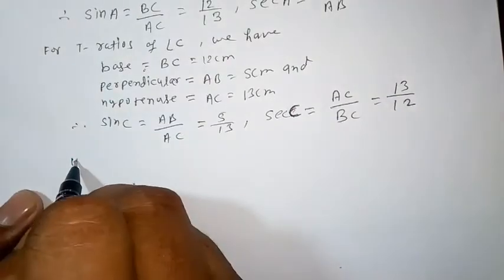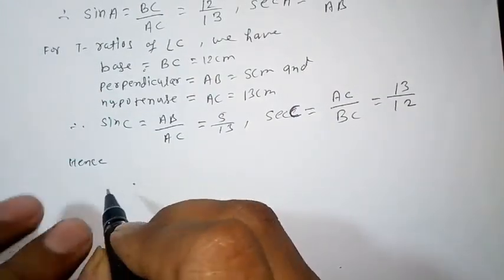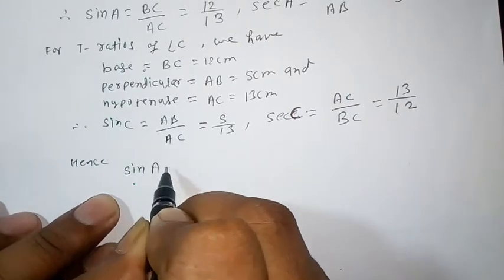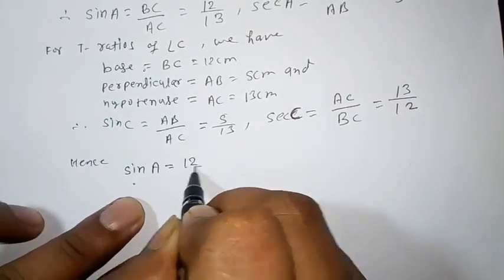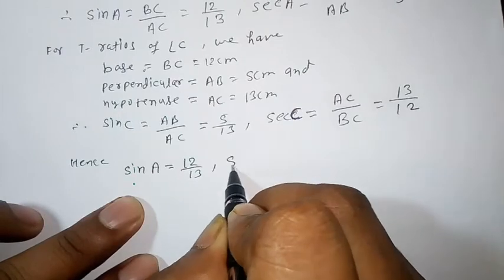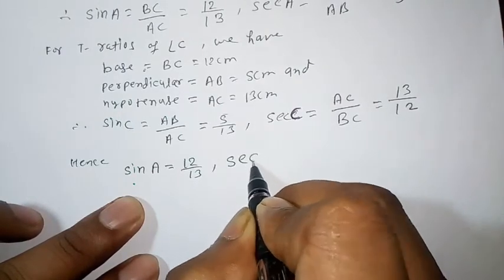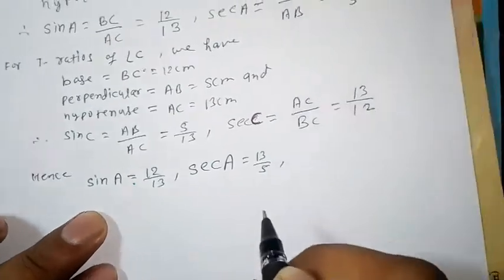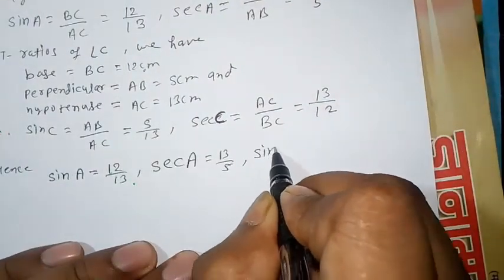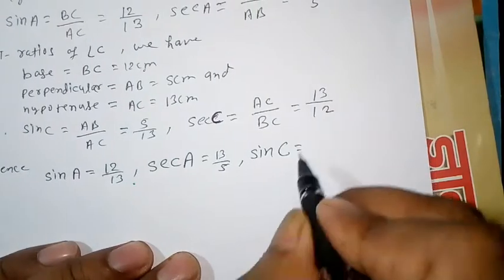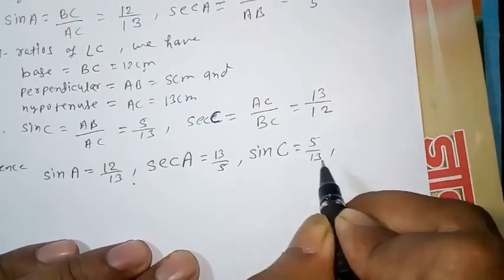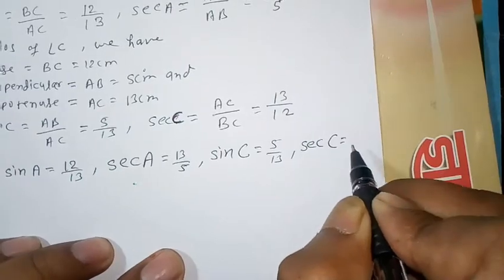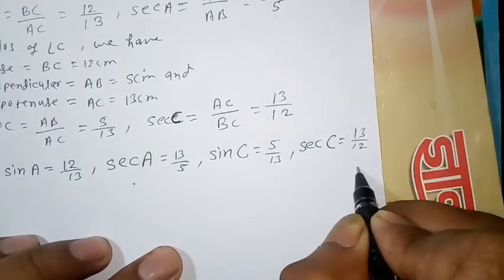Hence, sin A is equal to 12 by 13. Sec A is equal to 13 by 5. Sin C is equal to 5 by 13. Sec C is equal to 13 by 12.